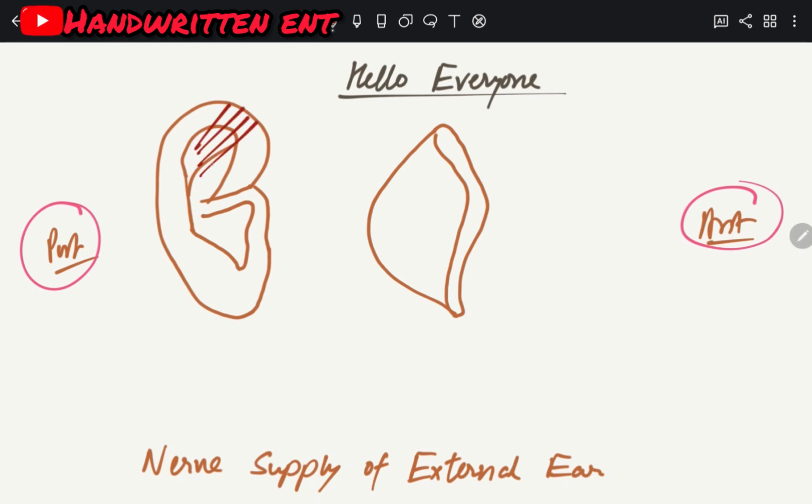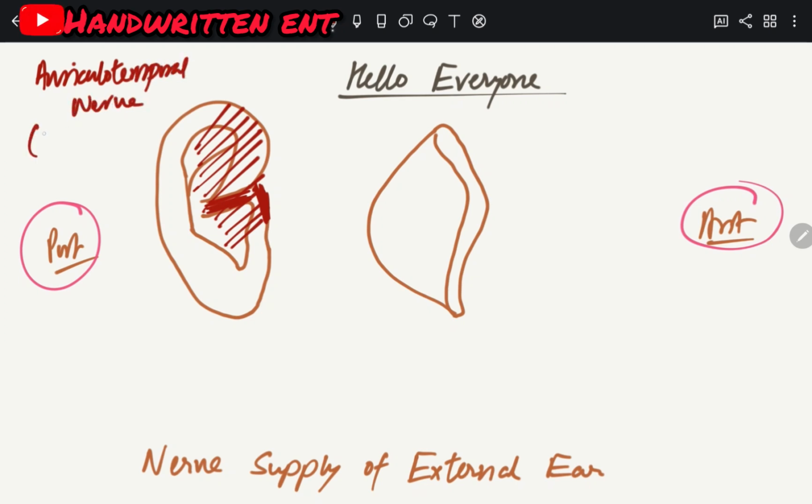The anterior superior part of the lateral surface of the pinna, which includes the tragus and the crus of the helix, is supplied by auriculotemporal nerve, which is a branch of the mandibular division of cranial nerve 5, also known as trigeminal nerve.